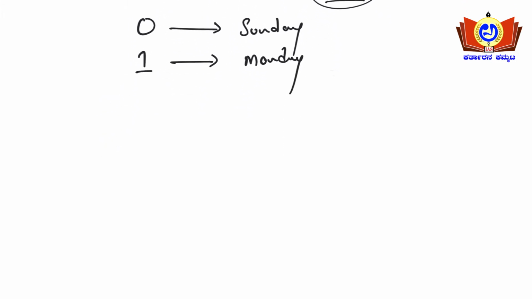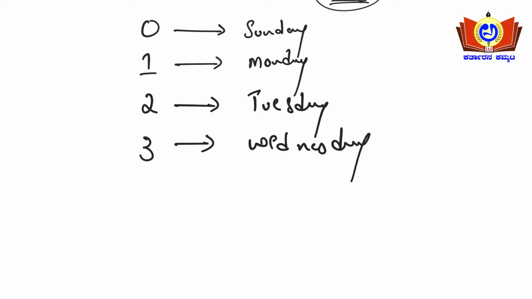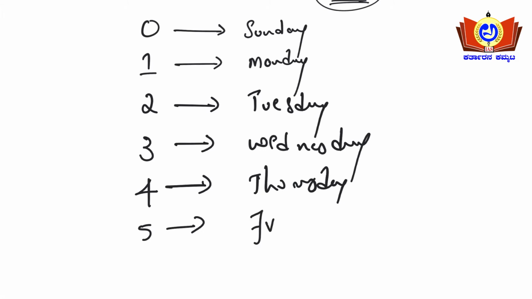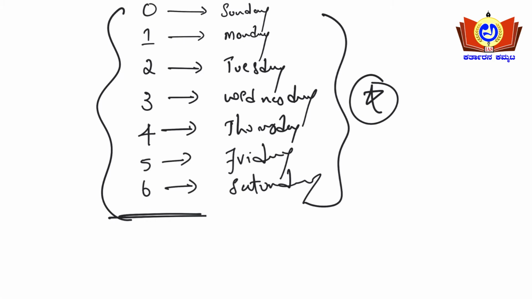It goes on like this. 2 odd days, then it is Tuesday. 3 odd days, Wednesday. 4 odd days, Thursday. 5 odd days, Friday. 6 odd days, Saturday. 7 odd days will not be there because 7 is 1 week here. So you need to remember this. Actually there is no need to memorize it; from 0 meaning Sunday and 6 meaning Saturday, you will be able to recall it.